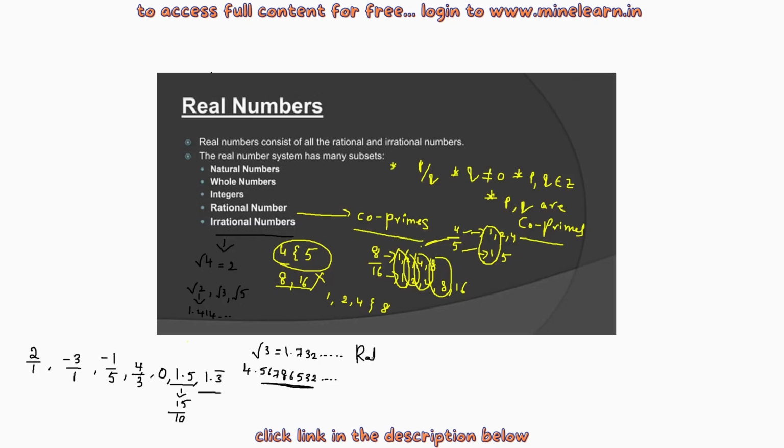Rational is denoted by Q. Irrational is denoted by Q dash. The combination of rational and irrational numbers are known as real numbers. The chapter name is real numbers.